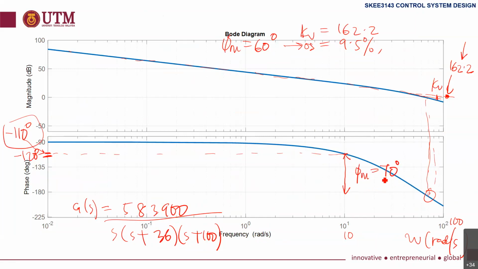It can be obtained if at this point, let's say here, 10 radian per second, it crosses 0 dB at this point. If I can change the magnitude so that it passes through 0 dB at this point, then I can get phase margin 70 degrees.